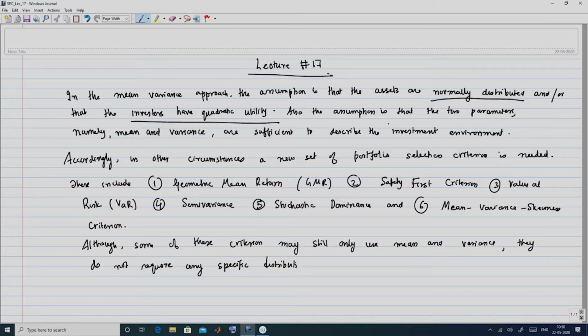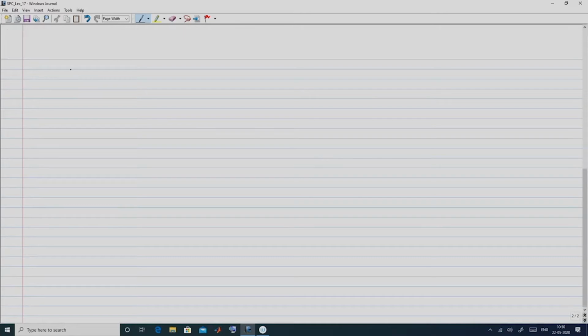So, you could have a more generalized setup where you are not restricted only just to the assumption of normally distributed random variables. Okay, so let me start off with the first of this criteria, and this is what is known as the geometric mean return criteria.